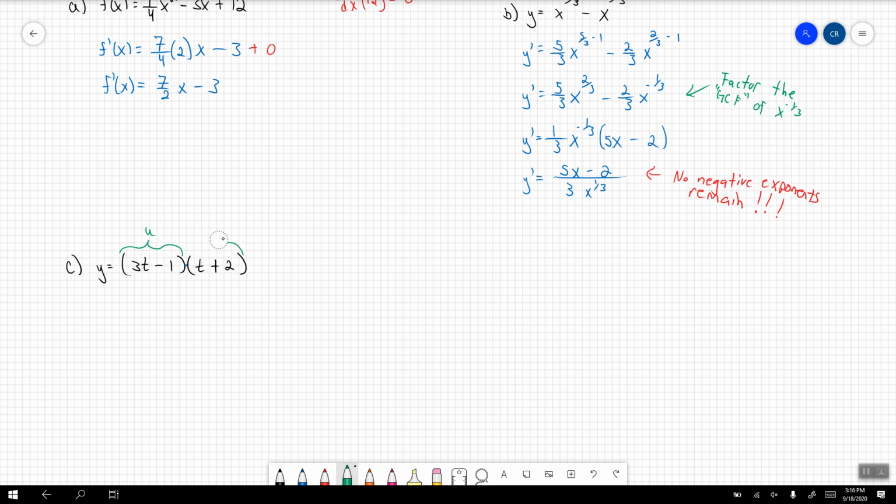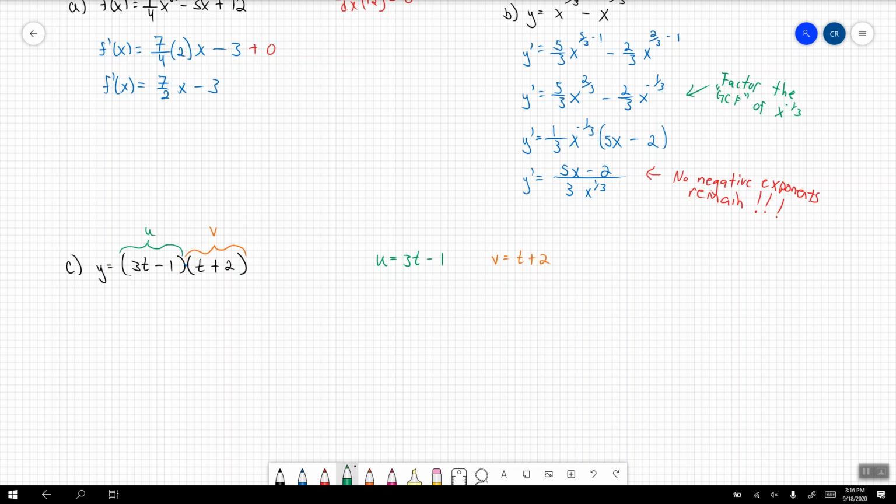Okay, you know what, let's make these in a different color. There we go. So I'm going to write this on the right-hand side of the screen. I now have u being 3t minus 1, and I now have that v is t plus 2.